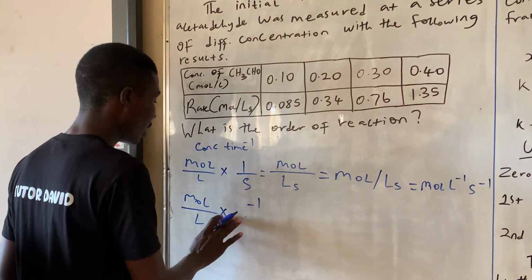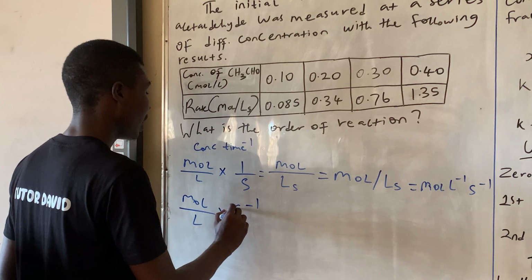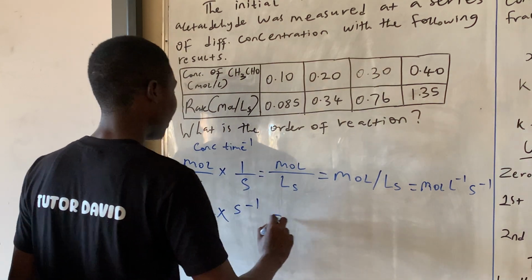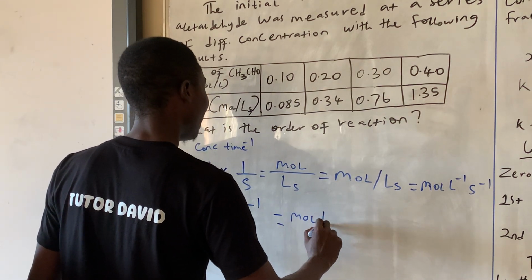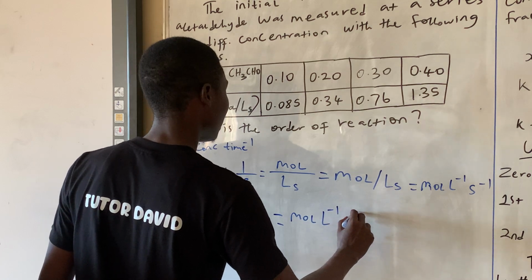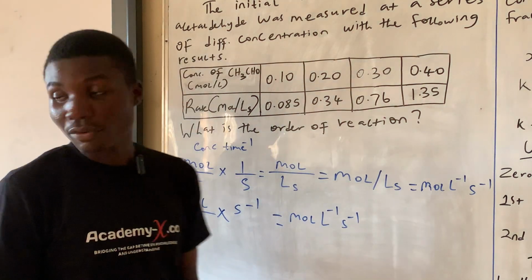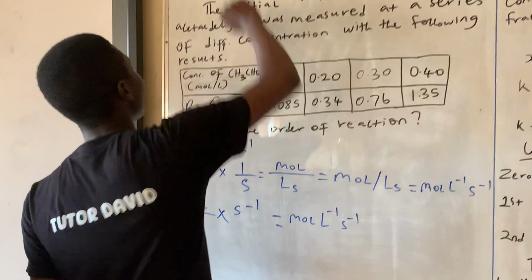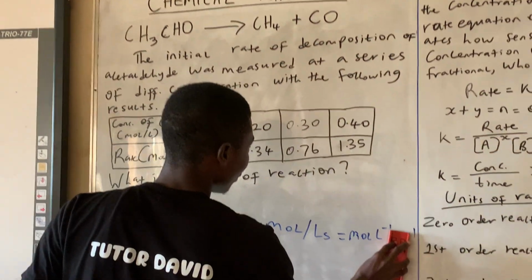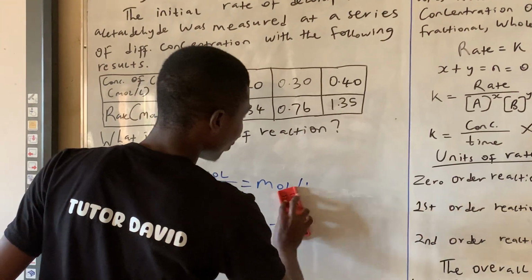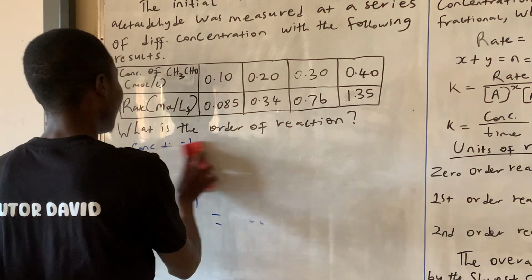It's a small letter s, while the L is a capital letter. So what you now simply have is mole per liter per second. Simple stuff. So that's basically what we have for the units. I just had to do that so you can understand how to work with units and not make mistakes when you are writing your examination.